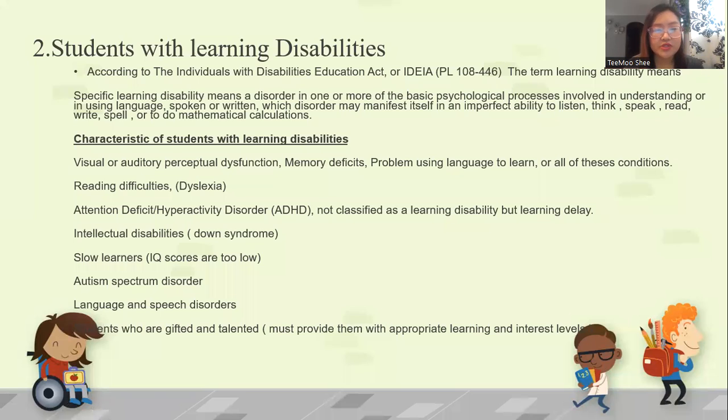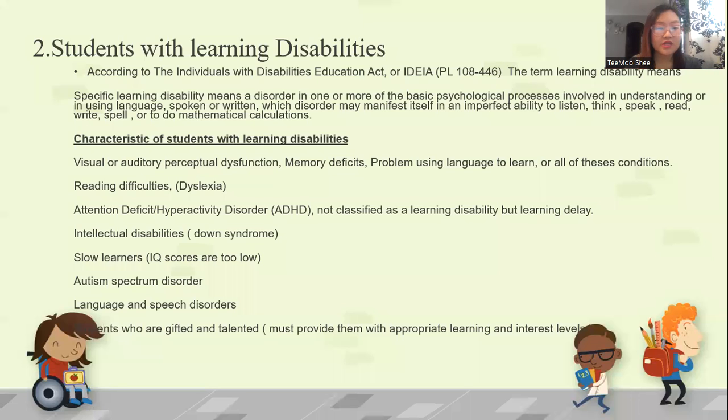Some more characteristics include reading difficulty, for example dyslexia, and attention deficit hyperactivity disorder, ADHD. ADHD is not classified as a learning disability, but it is a learning delay.